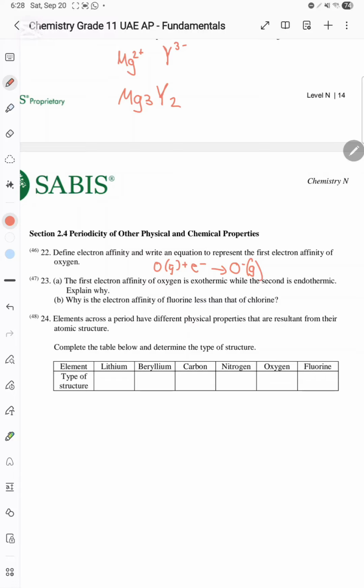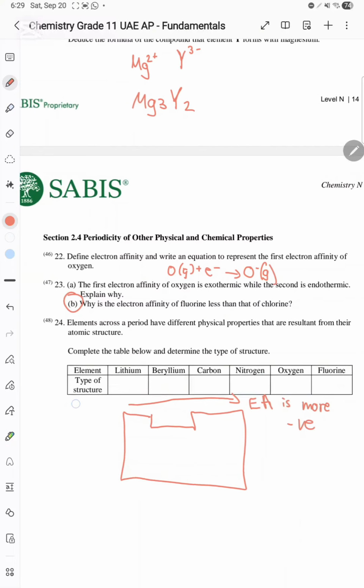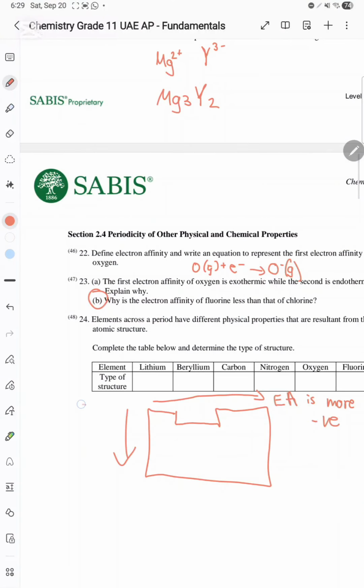Now you're going to say, but this is going against what I said. Know one thing: I'm going to draw it out, and know that 23 part B is an exception to the rule. As we go across, the EA is more negative, and when you go down, it is less negative.